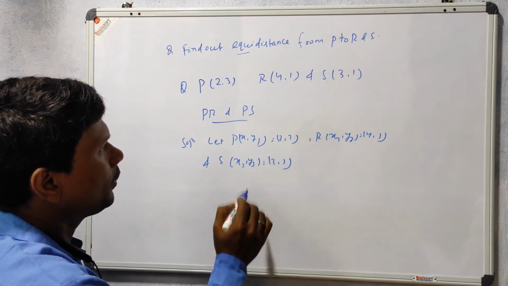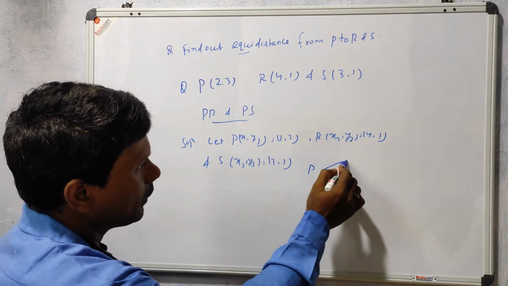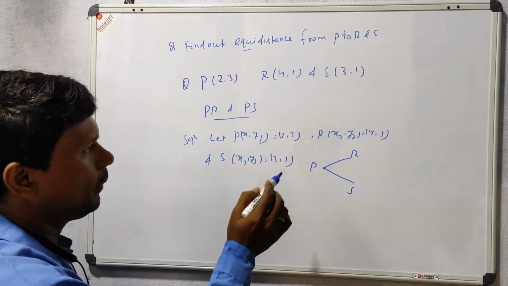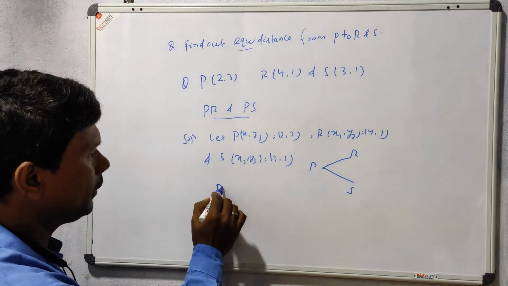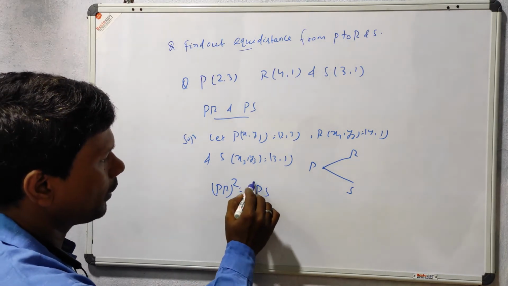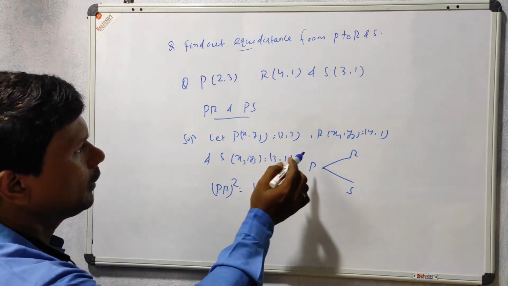The distance from P to R and the distance from P to S are equal. So applying the distance formula, PR square is equal to PS square.